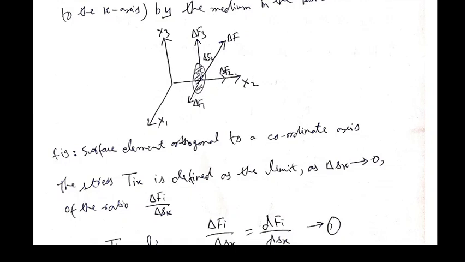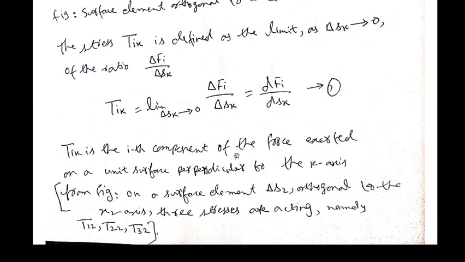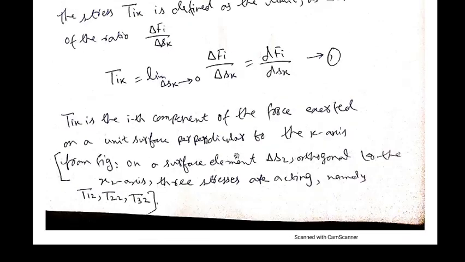So x2 is the normal of this element and it is lying in x1 x3. So how many components will be there? If we have delta S2, if you put 2 instead of k, it will be dS2 and it will be Ti2. So these can be T12, T22 and T32.